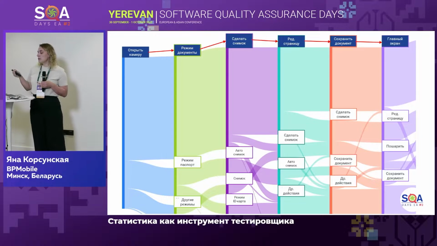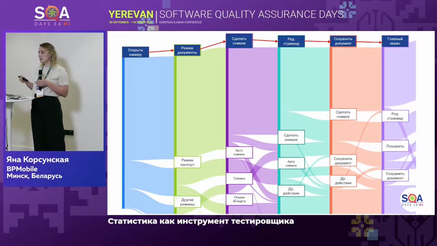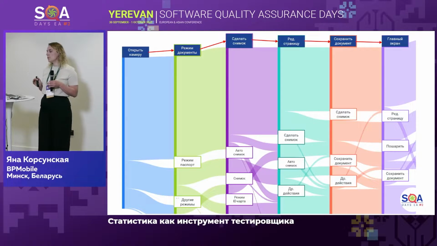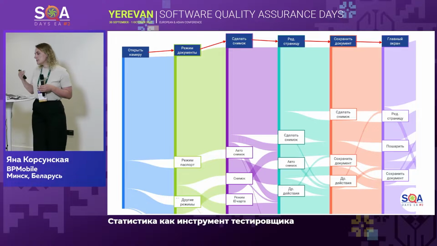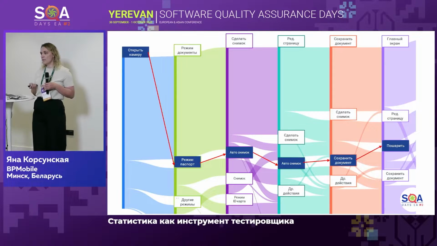We see that the user opens the camera and launches the document mode, which is there by default. They shoot manually, one single shot, they edit it and then go to the main screen. This is our main scenario, and the priorities we need to use in our test.